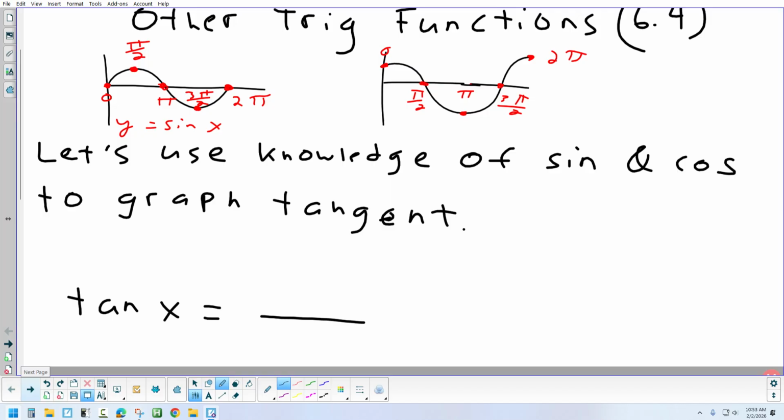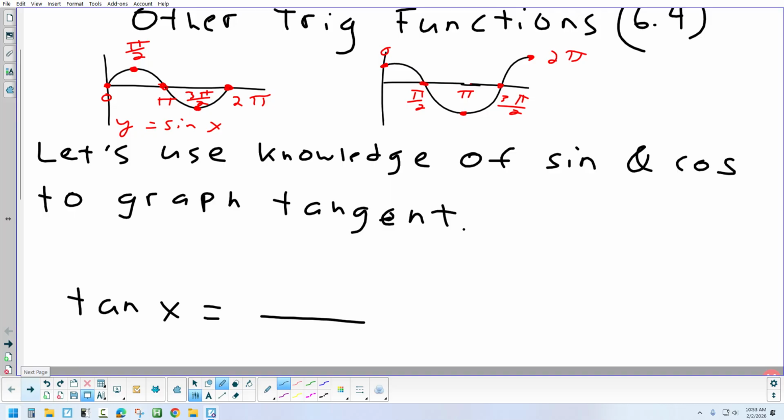Anyone remember how you can write tangent as a fraction? It's one trig function over another. Was it 1 over cotangent? Yes, it is the reciprocal of cotangent, so that is correct.